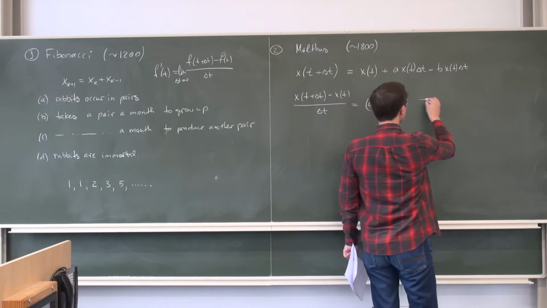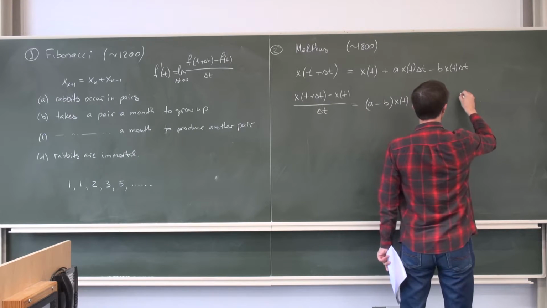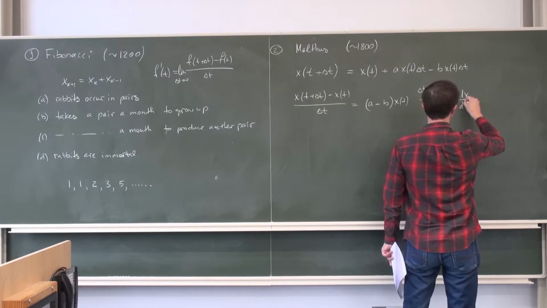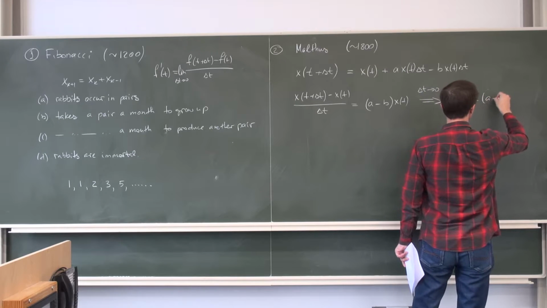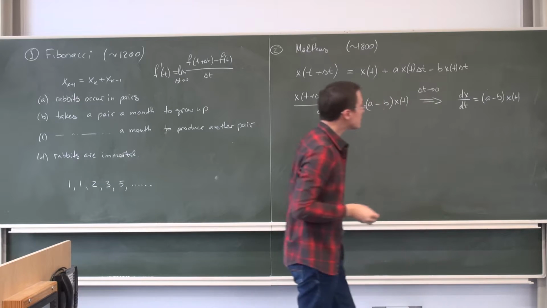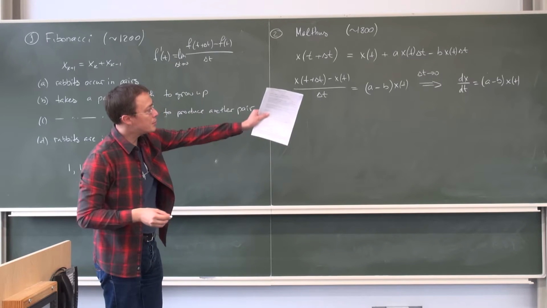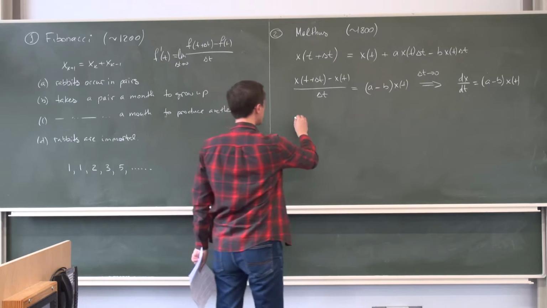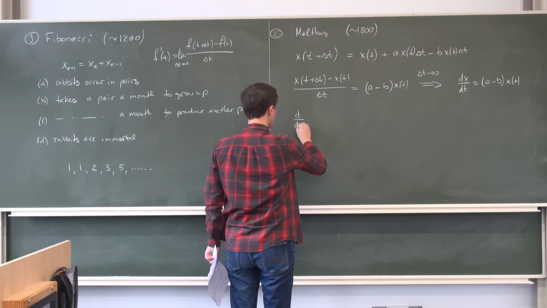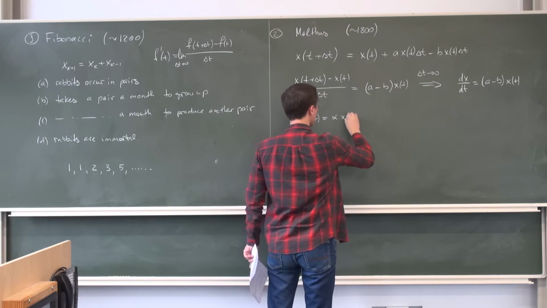So if we take the limit of delta t to 0, it's dx by dt is a minus b x of t. And this is the equation that Malthus derived. He called this difference alpha. So the actual equation is d by dt x of t is alpha x of t.